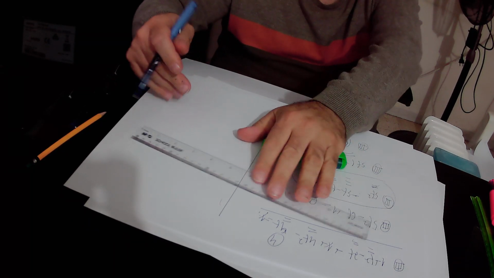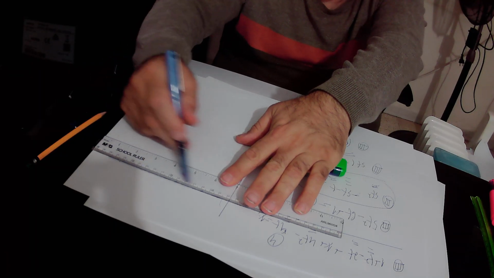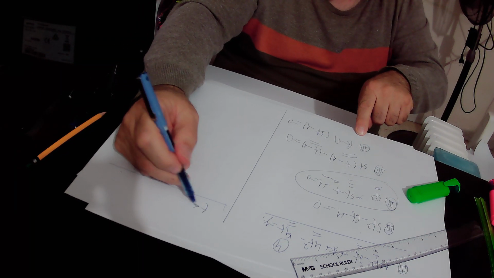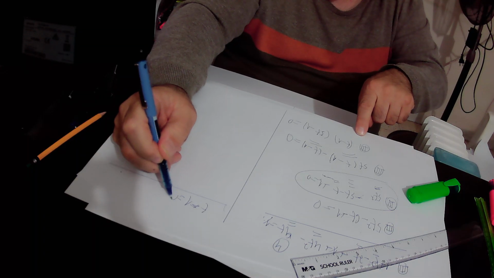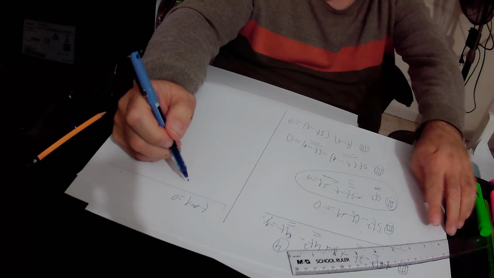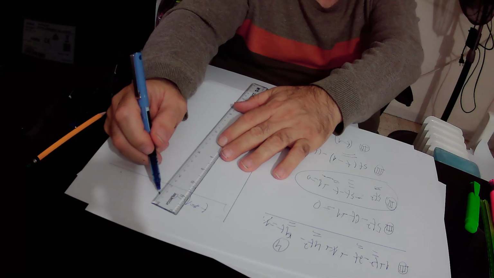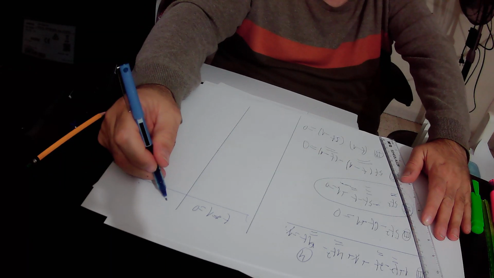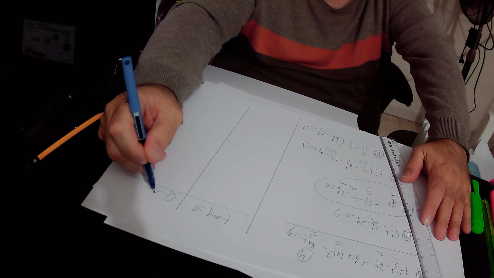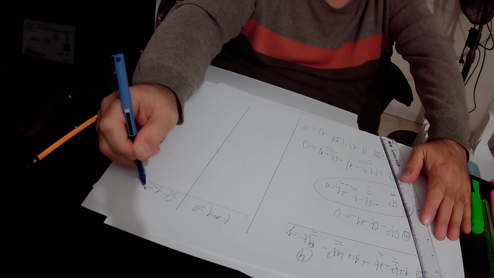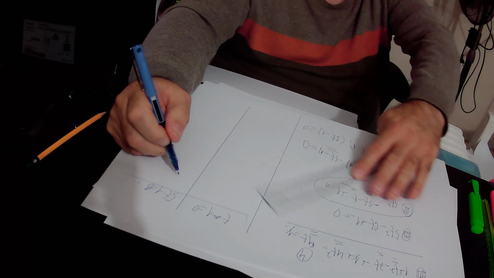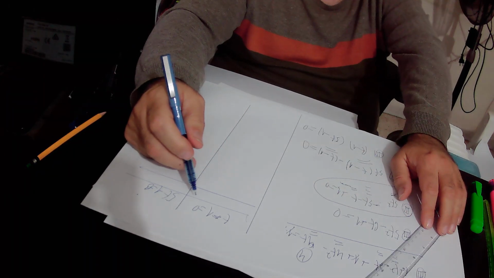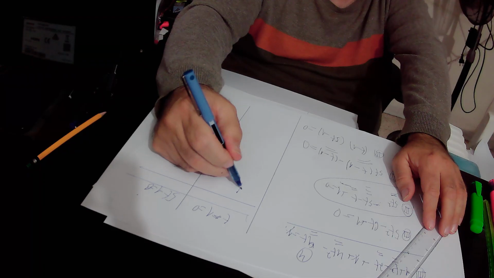The first solution is that either t minus 1 equals 0, and the second solution is that 5t minus 1 equals 0. So here t minus 1 equals 0, so t equals 1.